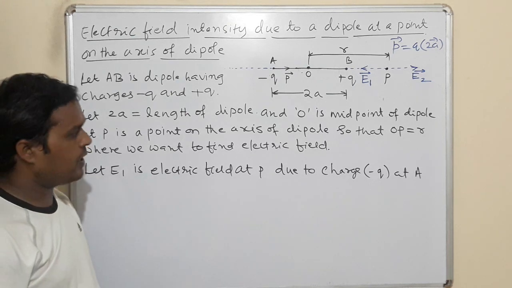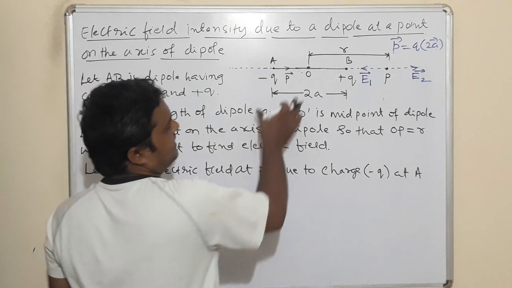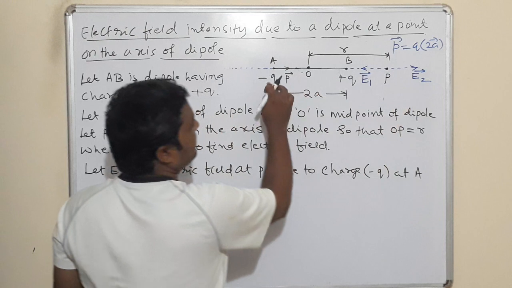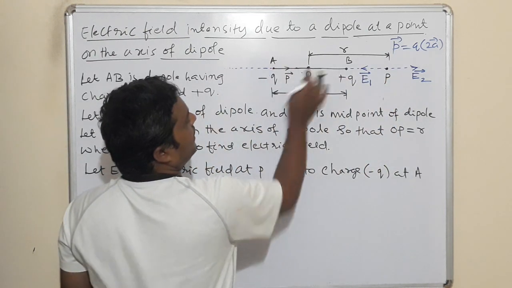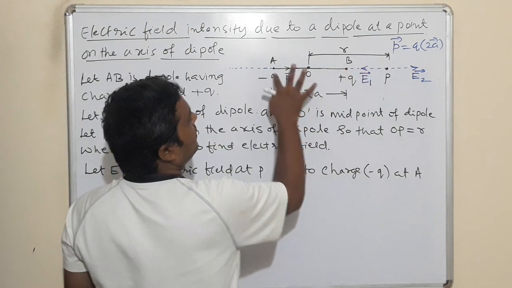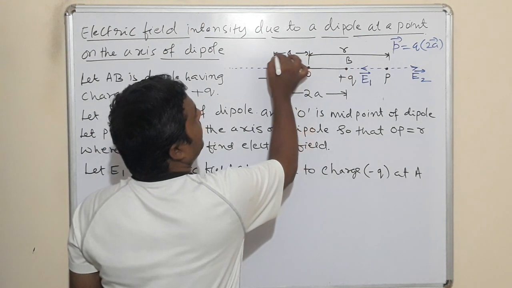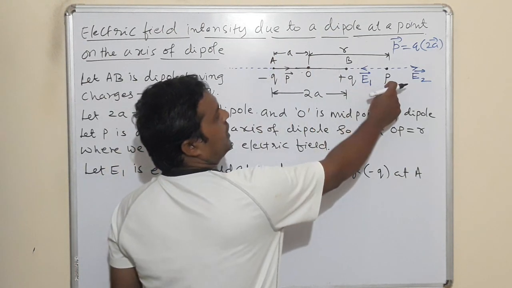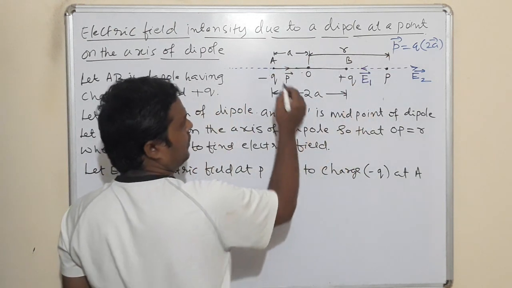Then how to write the value of E1? For that, you see the distance between this charge and this point. From here to here, this is 2A. From here to here it is A. Then from this minus charge to the point, this is A plus R. Try to understand it.